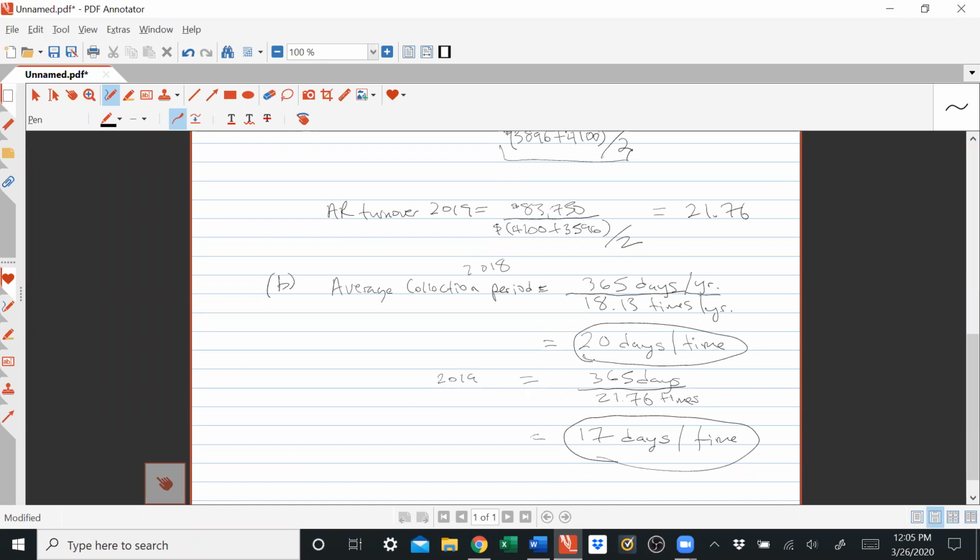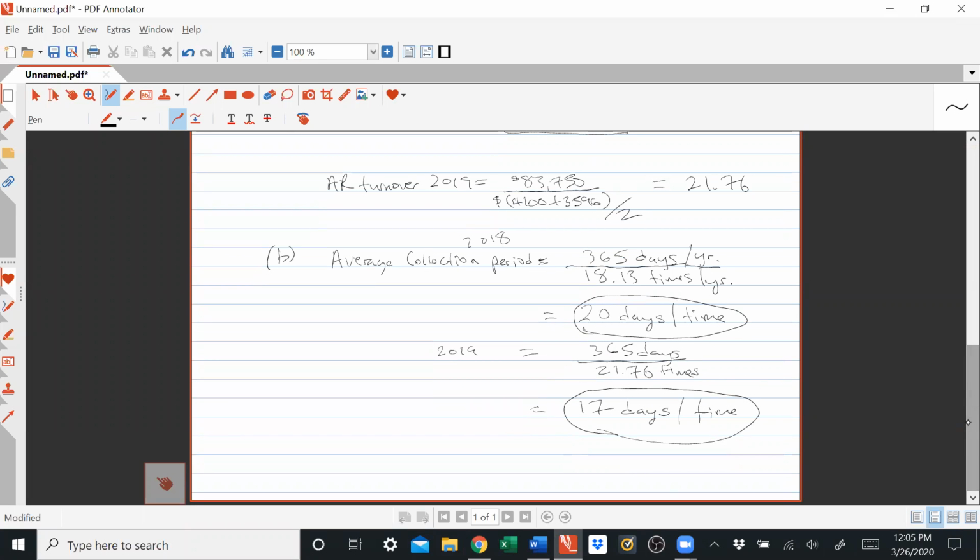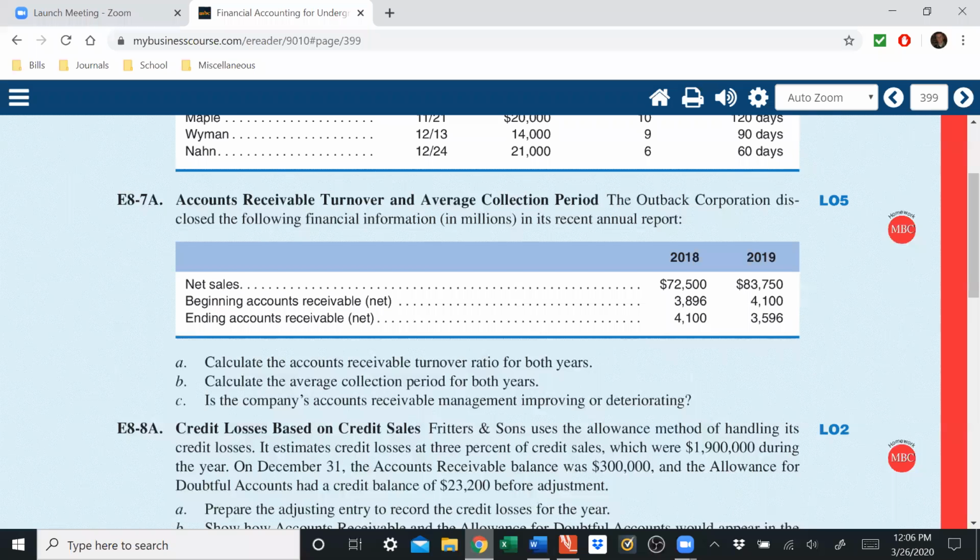They're collecting their accounts receivable better. So their accounts receivable management is getting better. So I would say the answer to the question is yes, because the average collection period is getting smaller. When the average collection period gets smaller, that means that they're collecting their accounts receivable more often, which is better for the company.